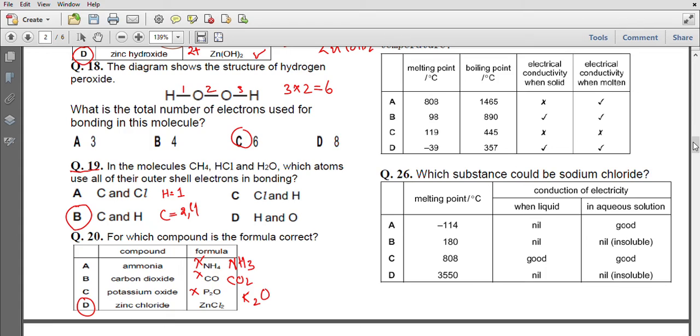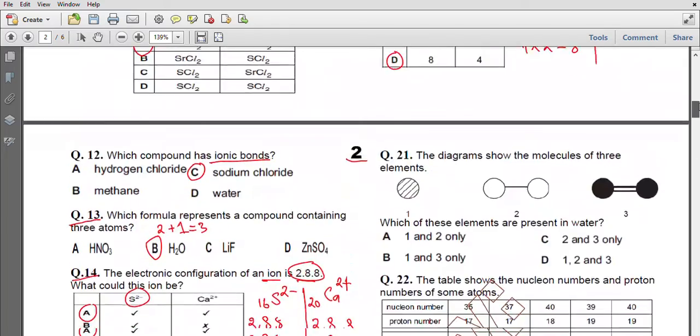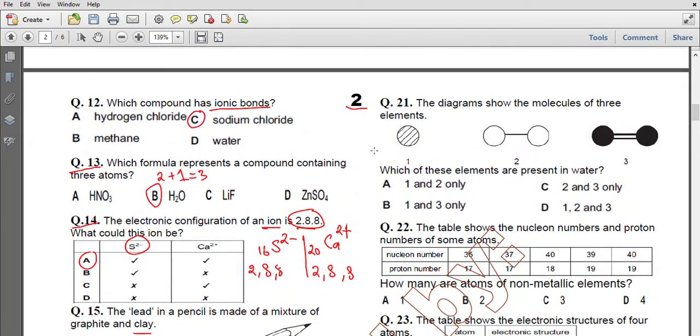So proceeding with the question number 21. The diagrams show the molecule of 3 elements. Again, as I clearly mentioned, this is the single one and is not involved in bonding, as it is any of the noble gas. And noble gas atoms will not involve in bonding with any of the other atom of the periodic table.